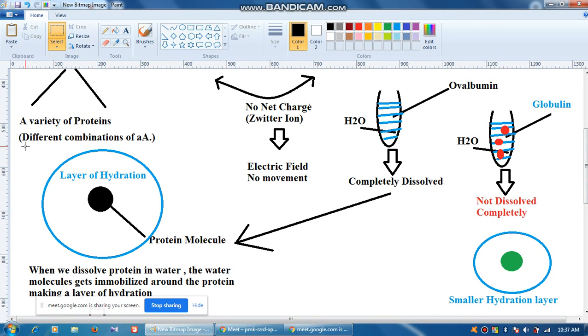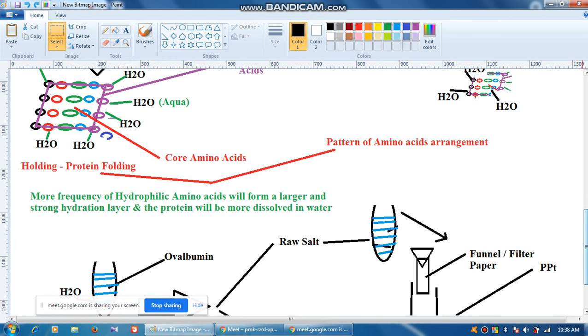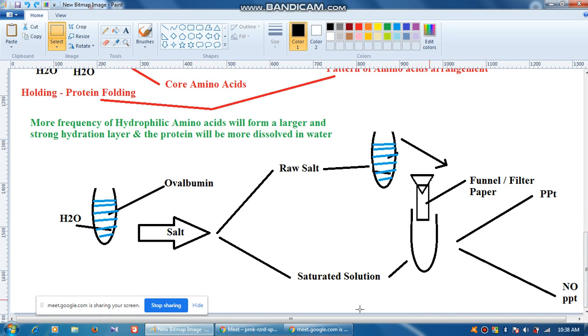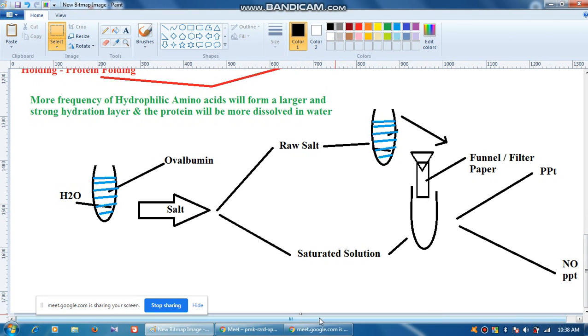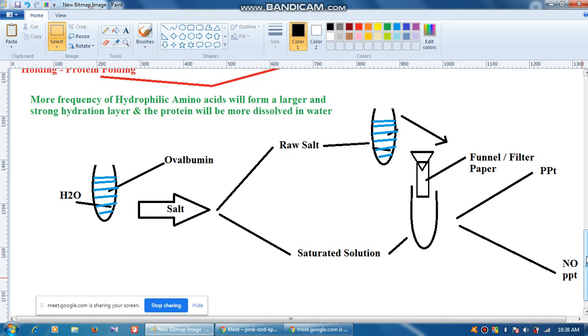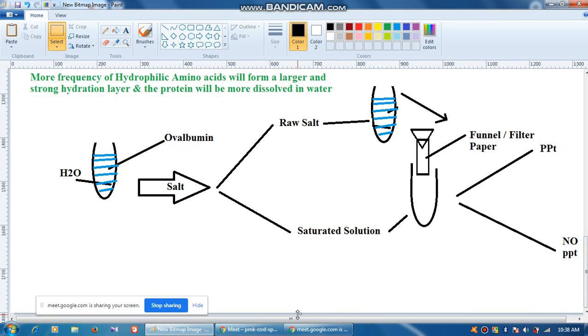Now here you see what must have happened to ovalbumin after adding salt. In the first case, when there is a precipitate, what has happened?